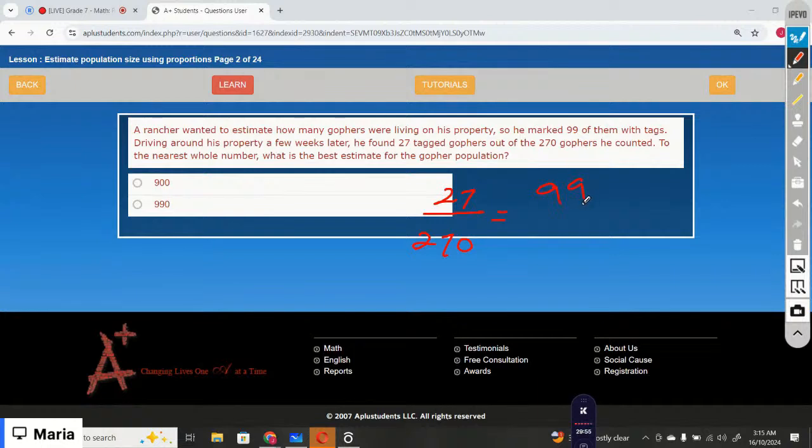You need to calculate the total population out of 99, right? So just solve this for P. You have to do P equals 99 times 270 divided by 27. So which is the correct option? Just do the calculations and write the correct answer.